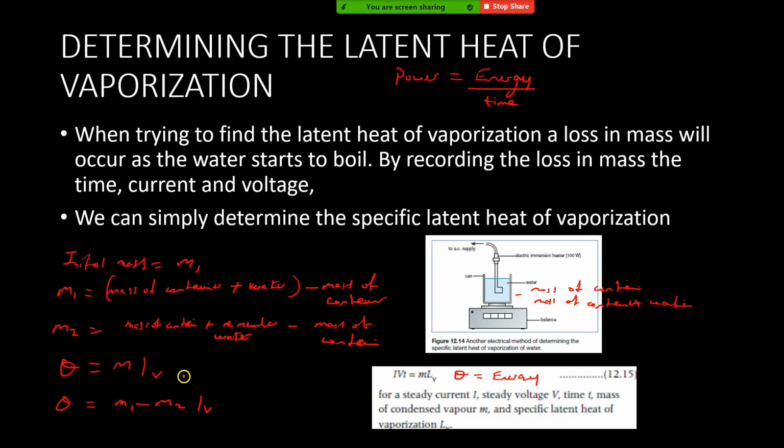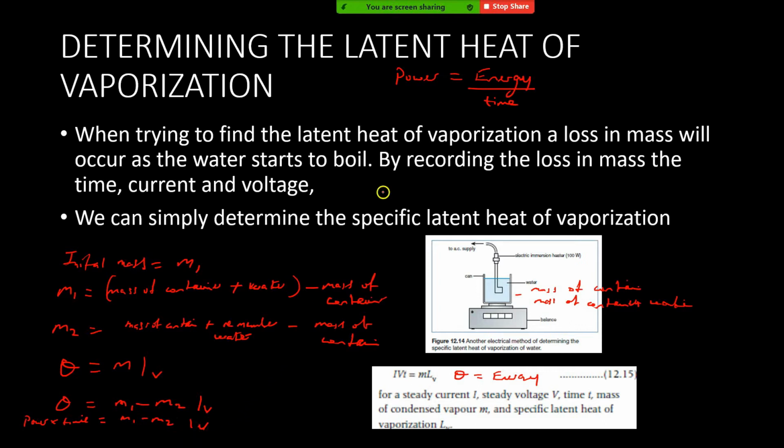So my energy is essentially equal to power times time, which is equal to (M1 minus M2) times LF, right?